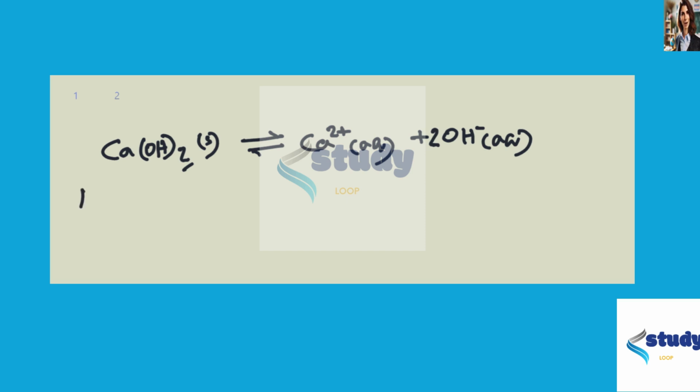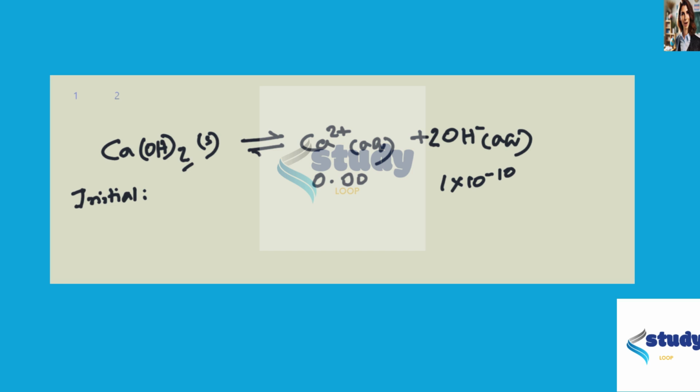Initially we will not have any calcium ion present, but as the pH is 4, we have seen that the hydroxide ion concentration is 1 times 10 to the power minus 10.